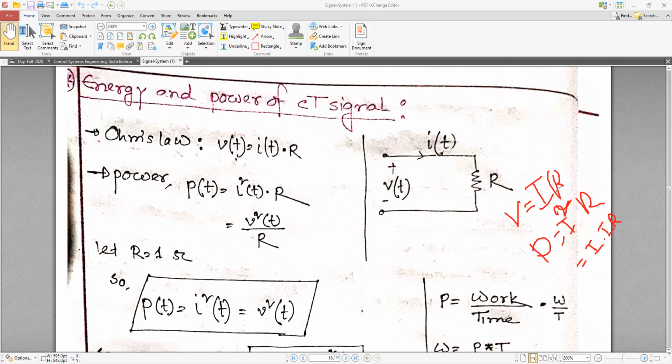And V is equal to IR, right? So if we write IR into IR, then we should divide it by R. So we can write V square by R.